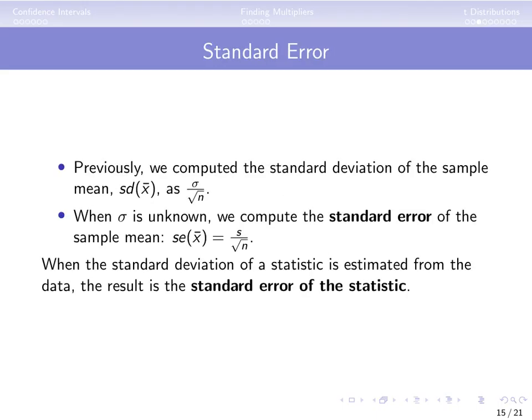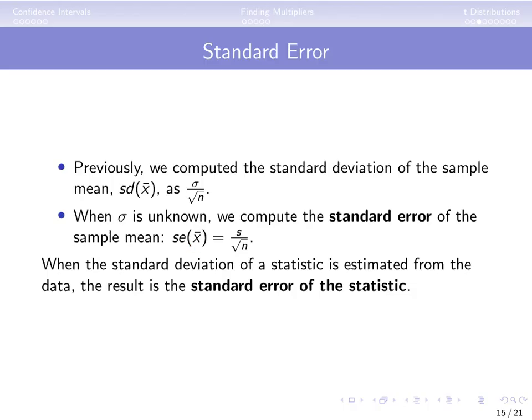Previously, we computed the standard deviation of the sample mean as sigma over square root of n. When sigma is not known, we compute what we call the standard error of the sample mean. So we replace sigma with s. When the standard deviation sigma is estimated from the data, we call the resulting quantity the standard error of the statistic.